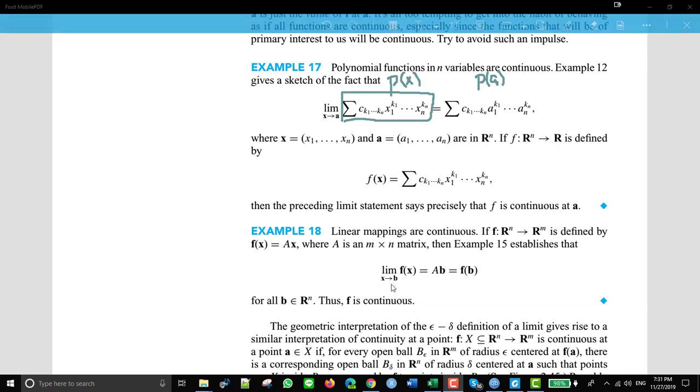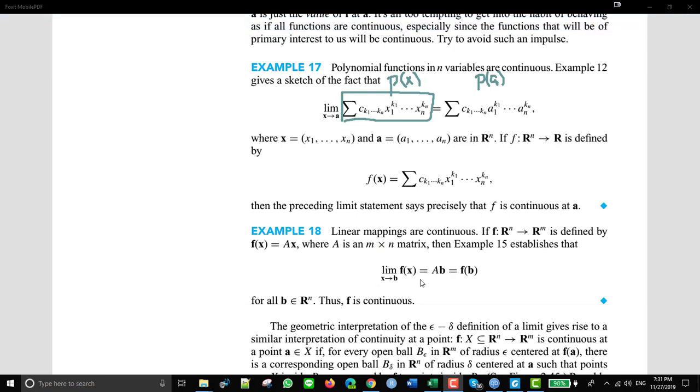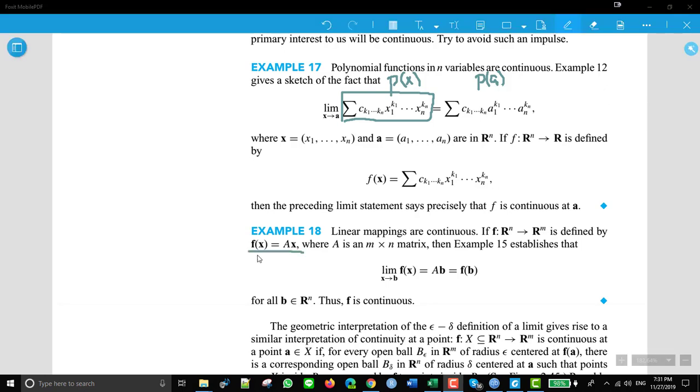Now what about this one? Remember, we just finished talking about this function in the previous video, and we just finished showing that if f is Ax, then the limit as x approaches b of f of x, or of Ax, is Ab, which is f of b.